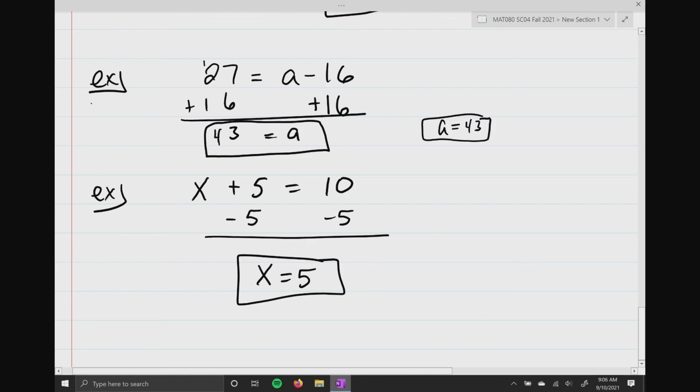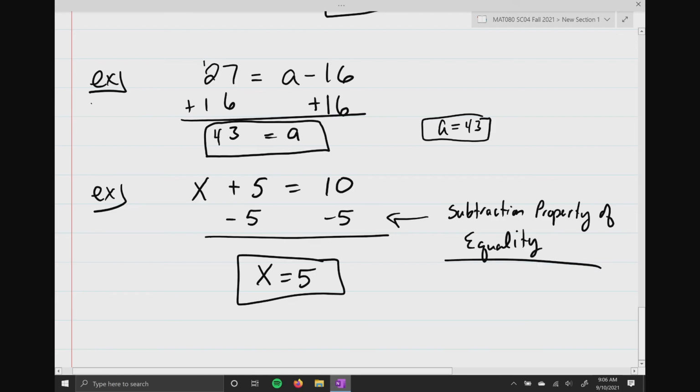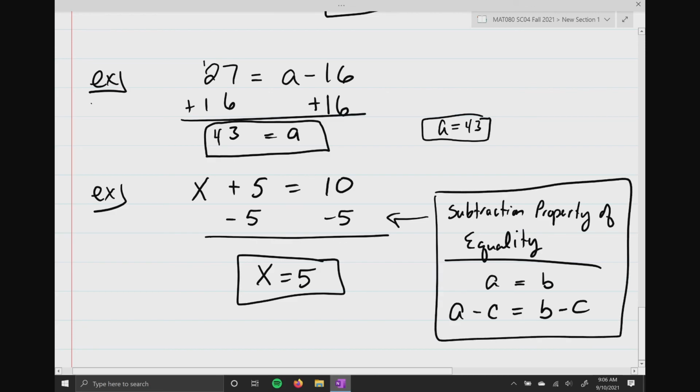We call that the subtraction property of equality, which is the same thing. If you have two things different that are equal to each other, you are allowed to subtract the same thing from both sides. You are allowed to do that. You got to make sure it's the same thing.